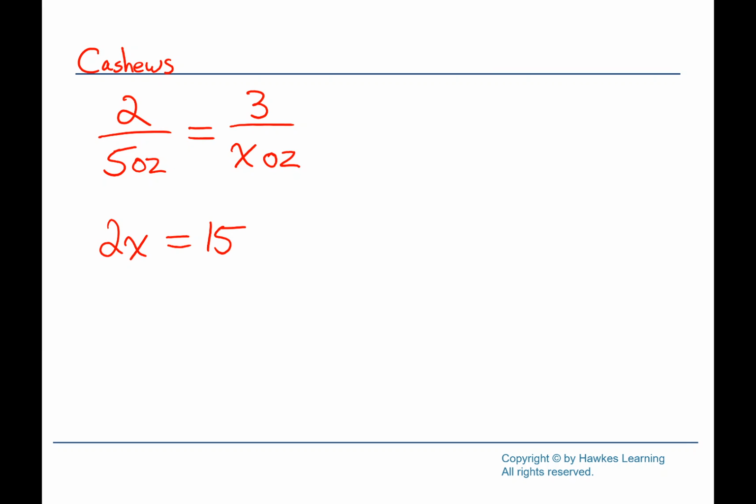And divide both sides by 2. And 15 over 2 is weird when we're talking about normal day-to-day things, so we can divide that. 15 divided by 2, that's 7.5 as a decimal. Get 7.5 ounces, and then which one was that? That was almonds.